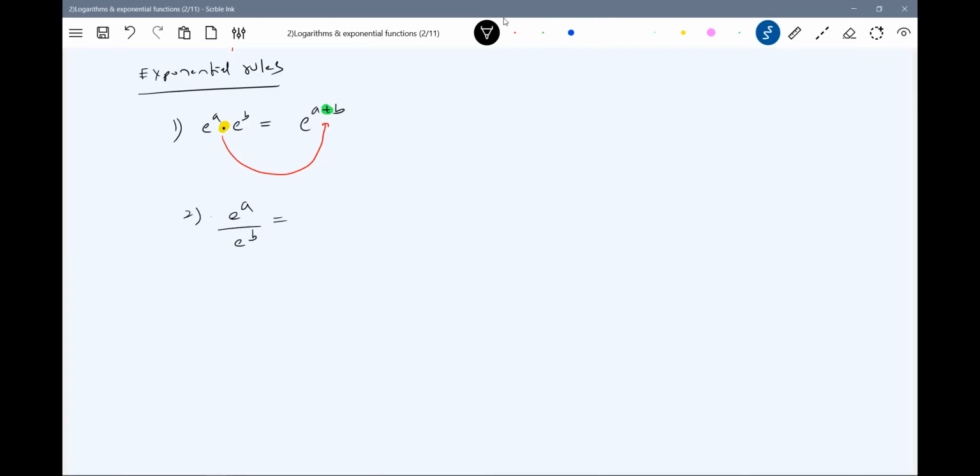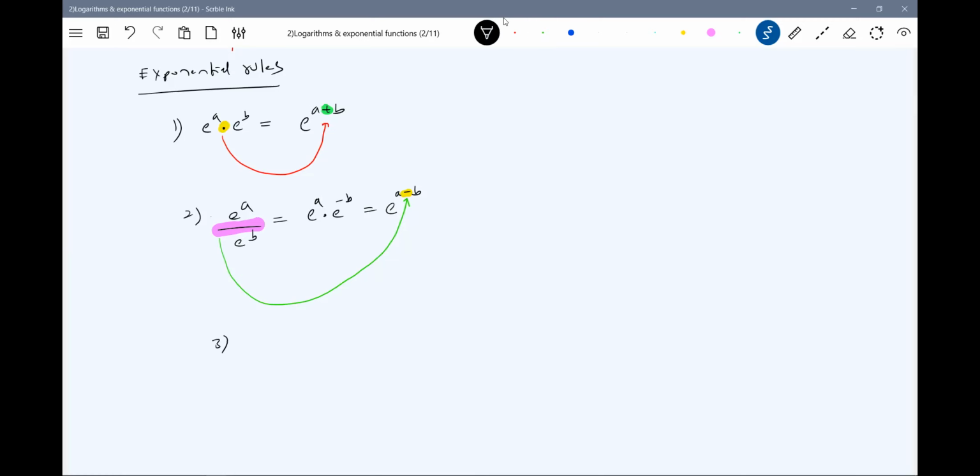This can be written as e to power of a dot e to power of minus b. What happened here? You can see this is the division, no? And the division is converted into the subtraction.